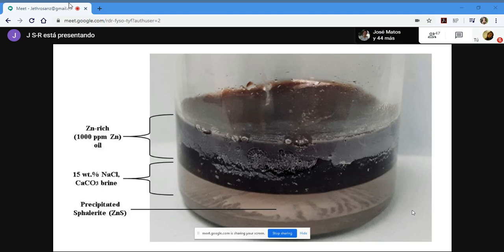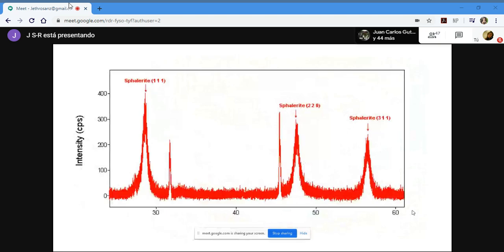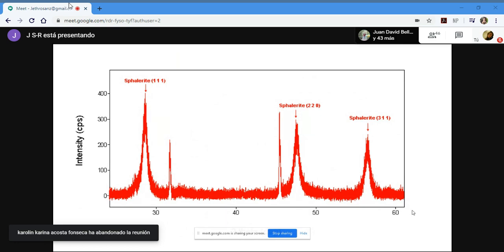We tested the composition of these crystals using X-ray diffraction, and we found that the crystals were indeed sphalerite, which is the most common zinc ore found in nature and is also the zinc ore that you find in Mississippi Valley type deposits.